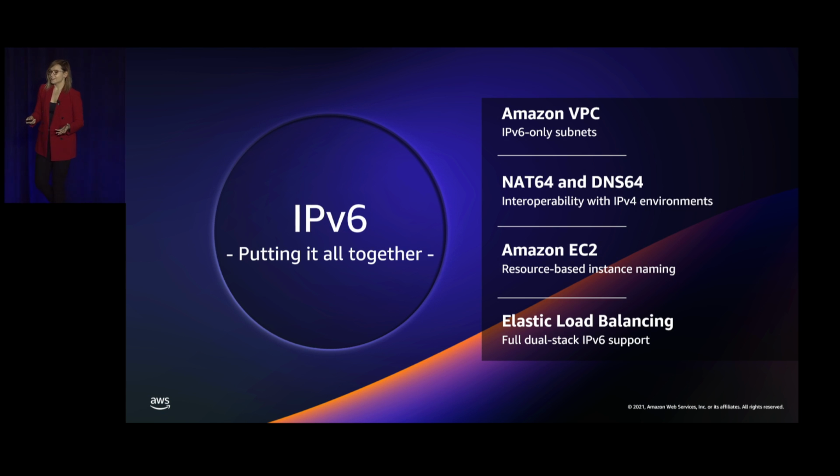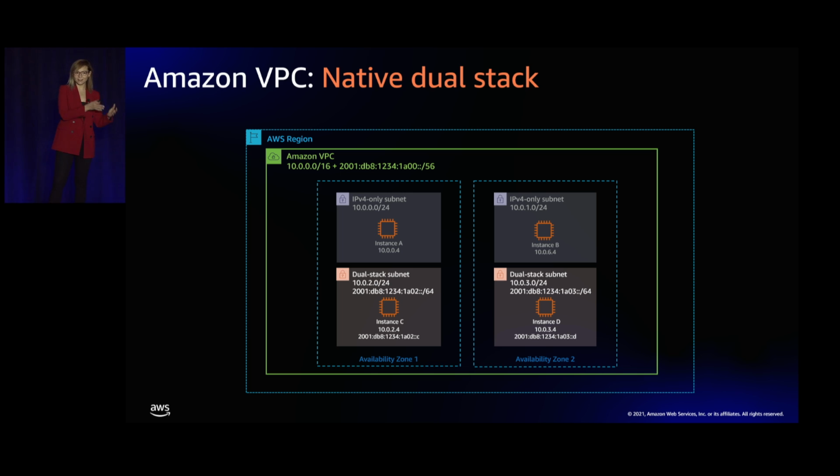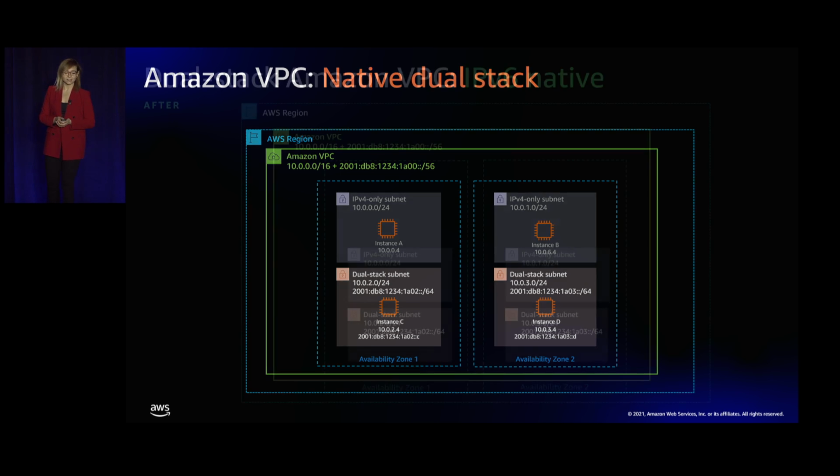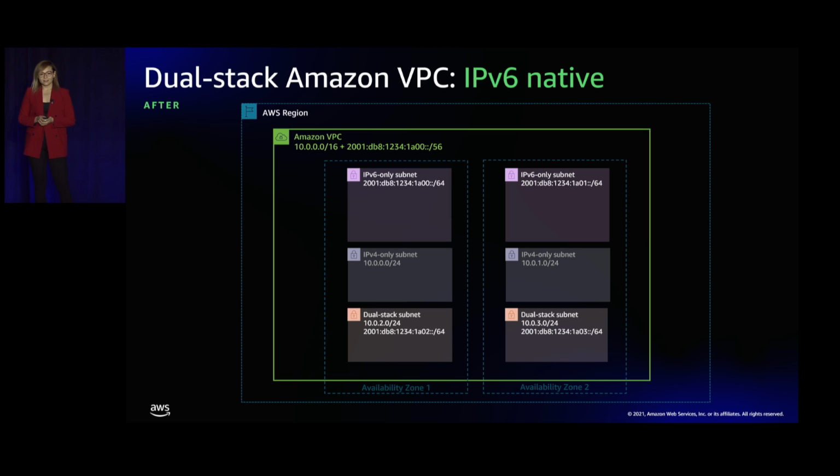Now, let's put everything together. Starting from our initial dual-stack VPC with IPv4 and dual-stack subnets, we've added the IPv6-only subnets. We have the dual-stack endpoint resolver in the VPC. We have IPv6-only instances with resource-based naming enabled.